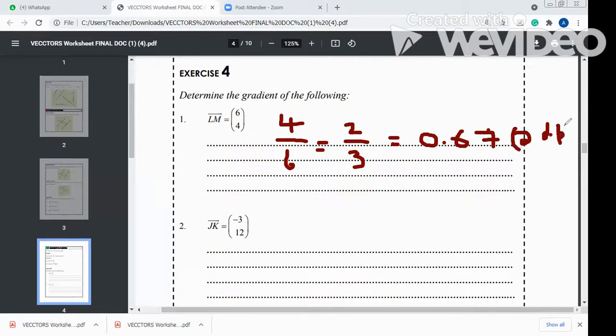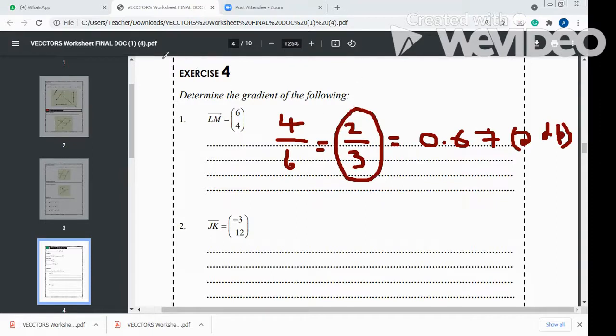So you have to put it as a decimal after. It is advisable to leave it like this, or you could leave it like this.